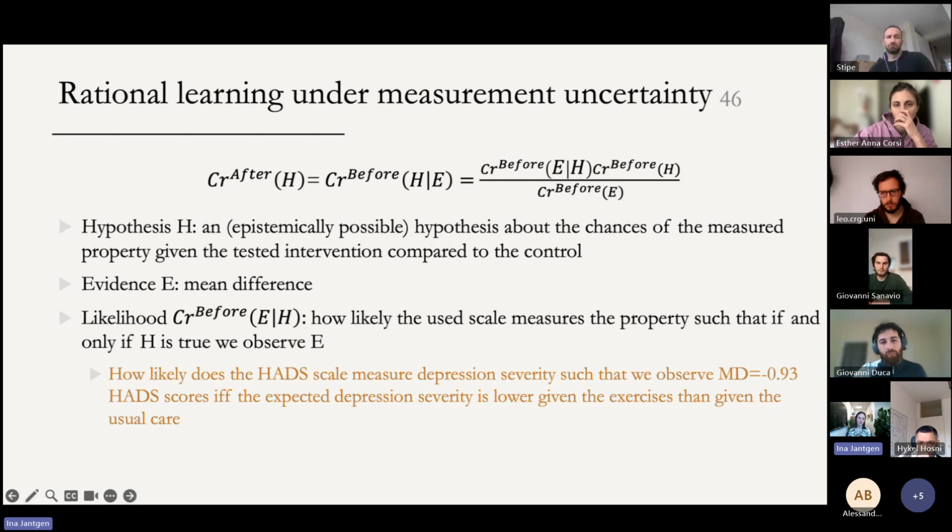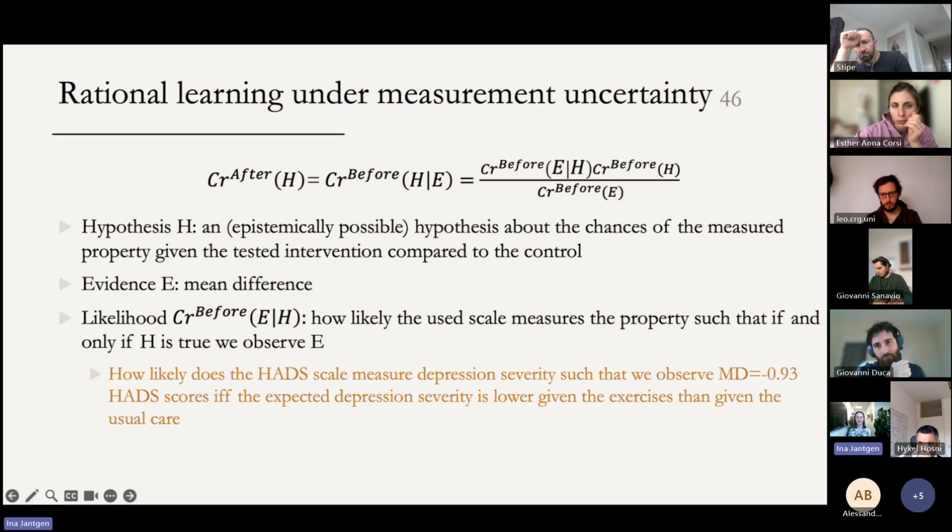And in this context specifically, it will be your credence in how likely the used measurement scale measures the property, such that if and only if the claim about the chances of the measured property is true, we observe the evidence. So for instance, how likely does the HEAD scale measure depression severity such that we observe this mean difference if and only if the claim that the expected depression severity is lower given the exercise than given the usual care is true.